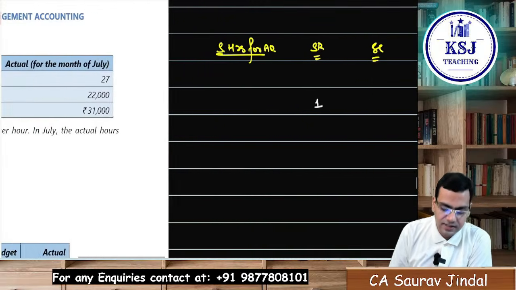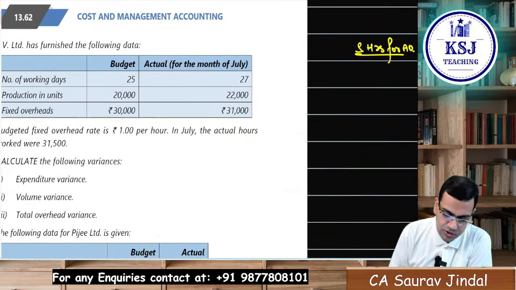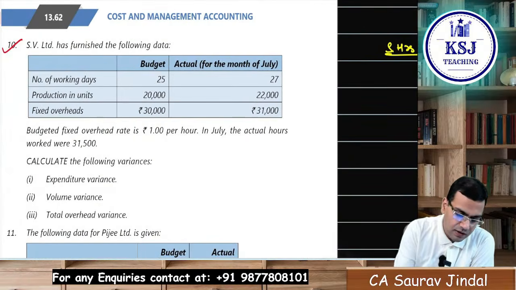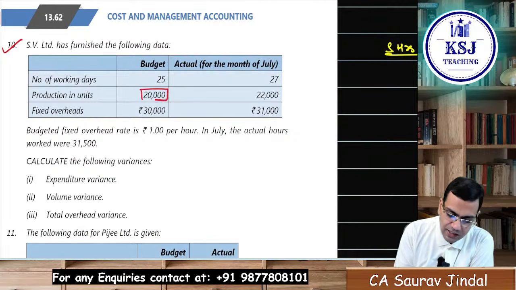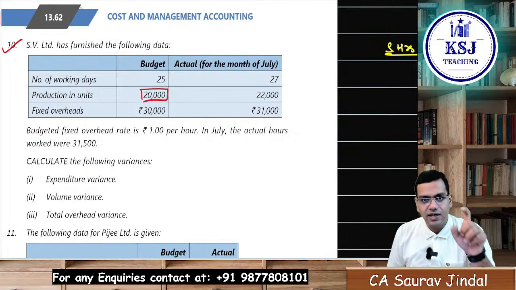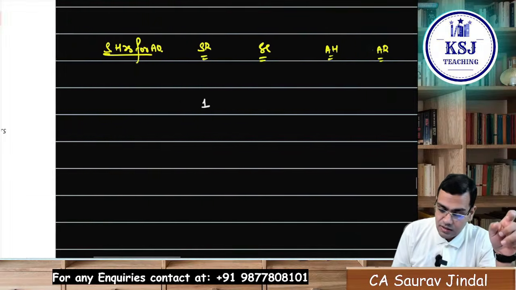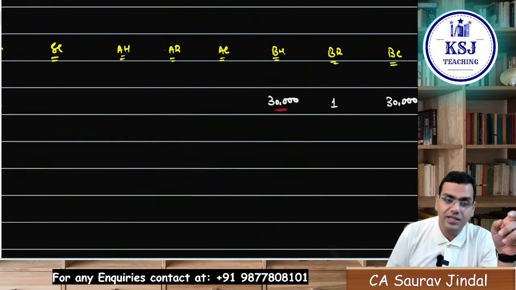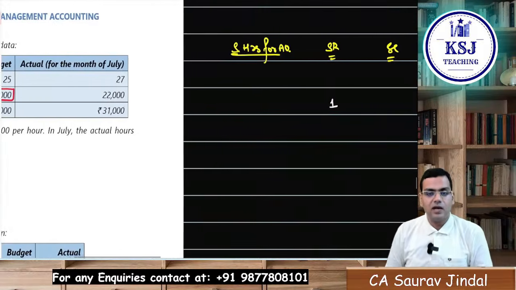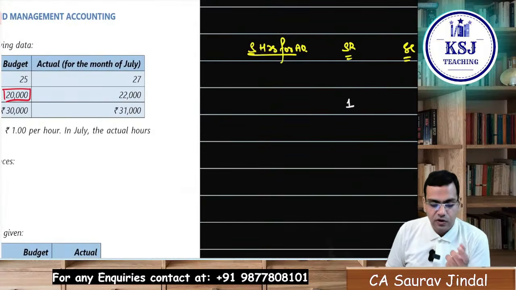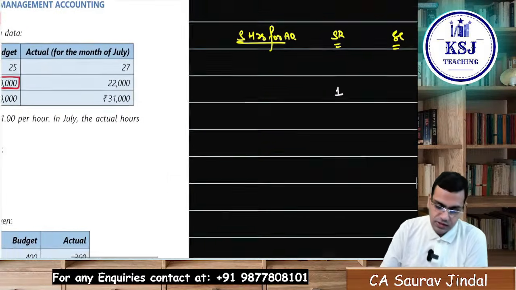How to calculate standard hours for actual output? See, what is the budgeted output? 20,000. For this budgeted output of 20,000, what is your budgeted hours? Your budgeted hours is 30,000. So now you want to calculate what will be the hours for the actual output. Simple.